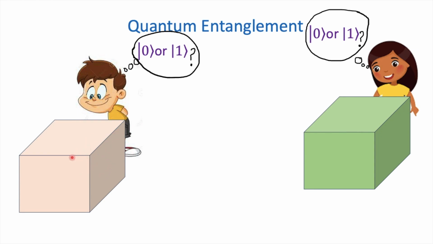So here the particle may be in the horizontal vibrational mode or the vertical vibrational mode, either in ket 0 state or ket 1 state, or here also either in ket 0 or ket 1. So these two particles are kept at a distance, and these two particles are also random, but they have a relation between them, that is, they are entangled.